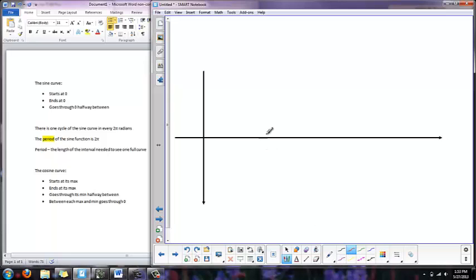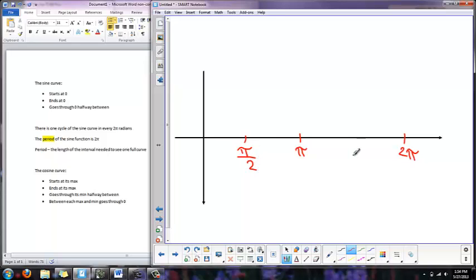This time I'm just going to go at increments of pi over 2 or 90 degrees, just like I did before. So I'm going to graph between 0 and 2 pi. And this is always how I do it. In between 0 and 2 pi is pi. In between that is pi over 2.